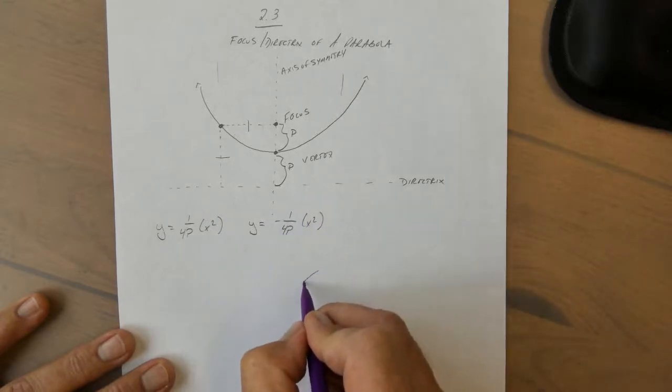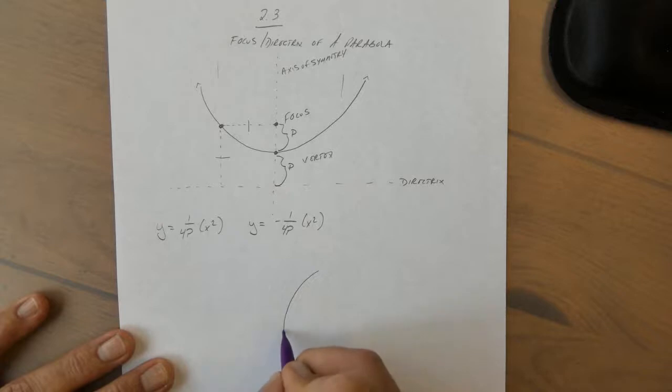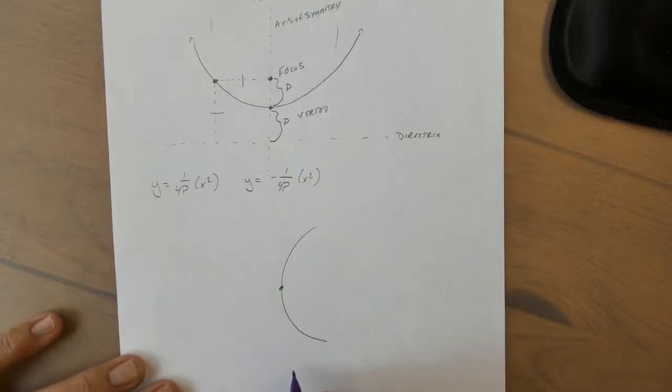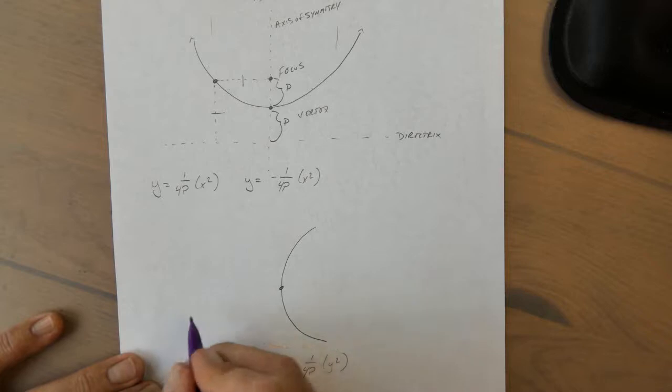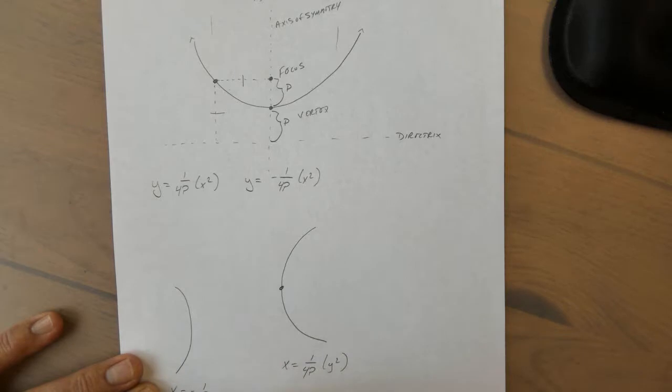If we were to have a parabola open to the right or the left, for one opening to the right, we have x equals 1 over 4p y squared. If it opened to the left, in the negative direction, we'd have negative 1 over 4p y squared.